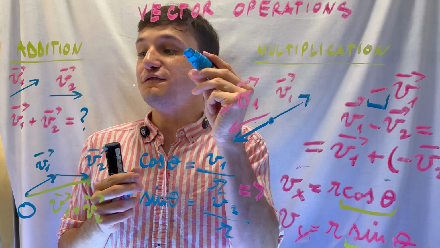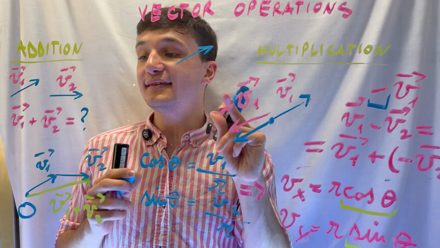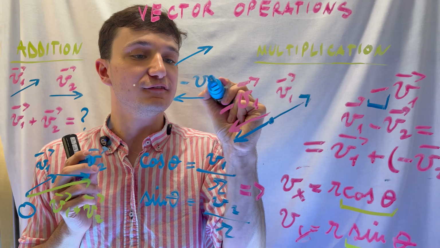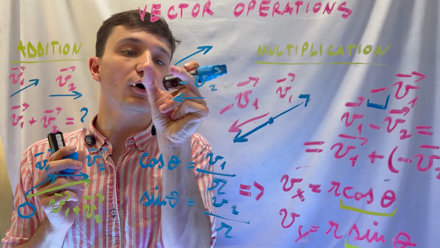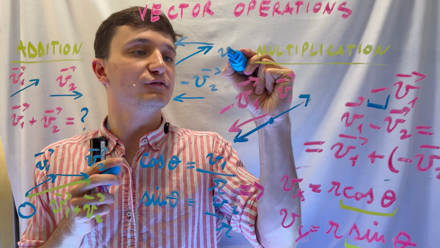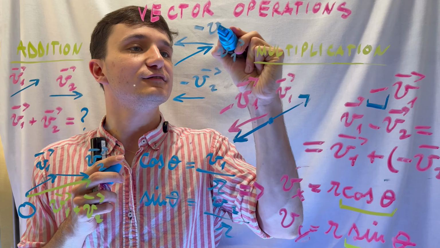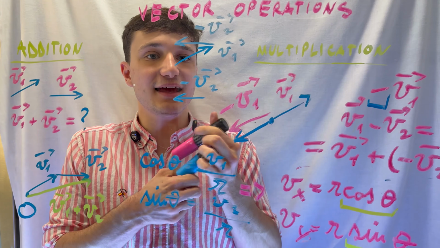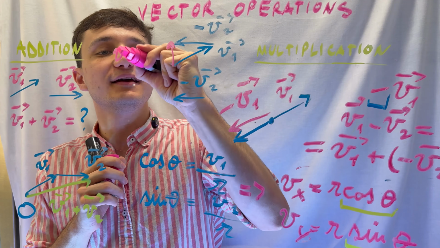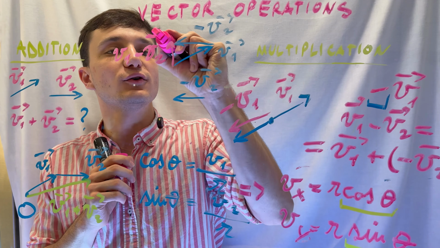I take v1, I then flip v2, so this will be minus v2, and then I put it on top of the head of v1. So that is v1, that is minus v2, and then the end result from the origin all the way up, this will be v1 minus v2.